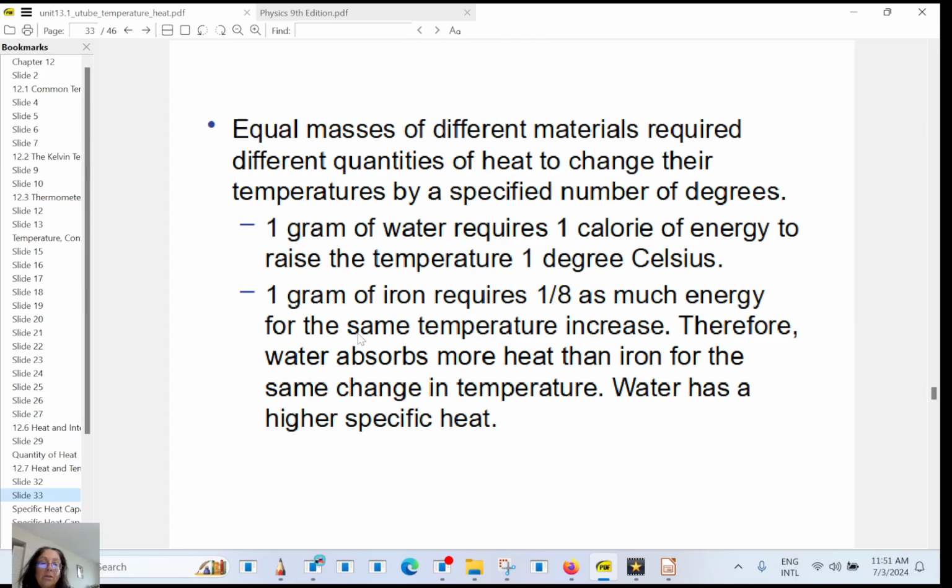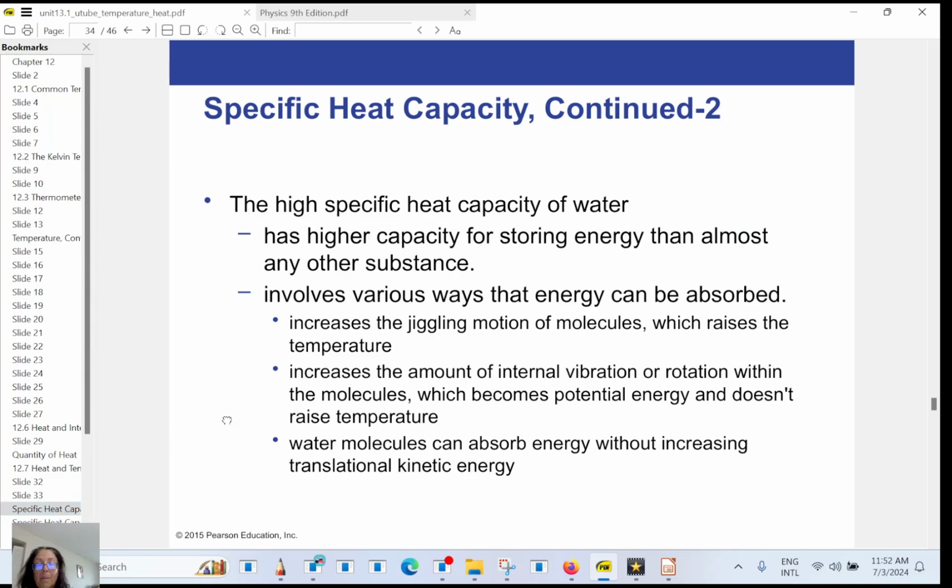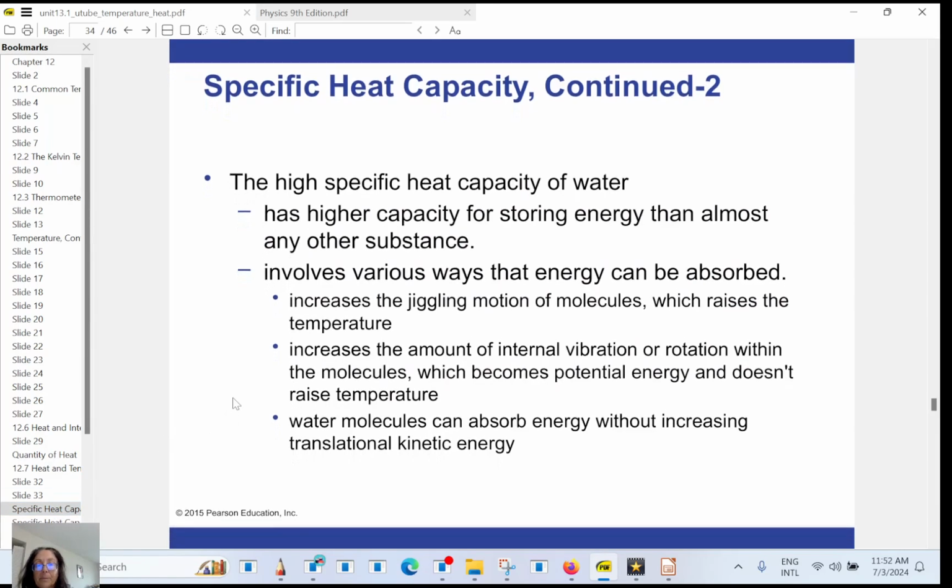So if you want to change the temperature by the same amount, you will need 1/8 as much energy for iron, for the same mass. So water has a very large specific heat. Water is able to store a lot of energy, thermal energy and other kinds of energy.